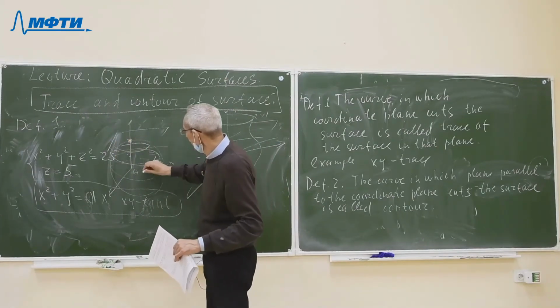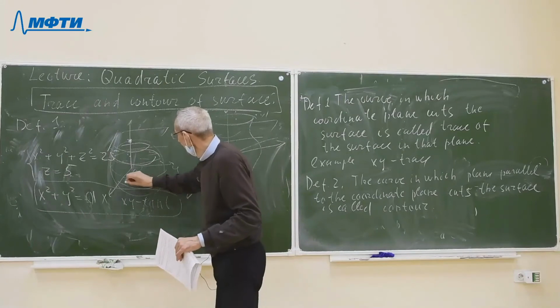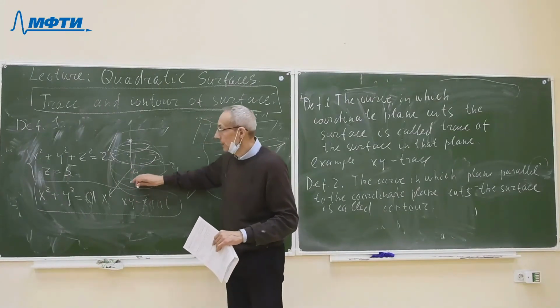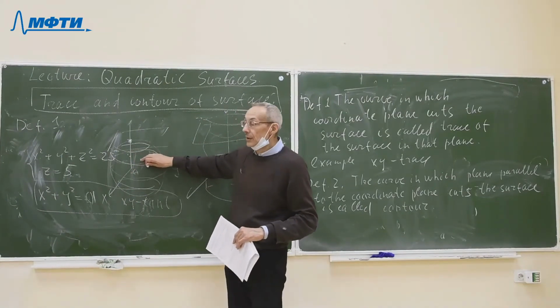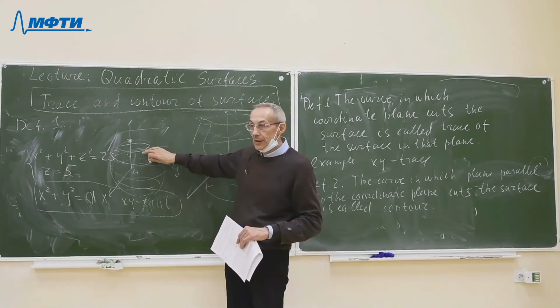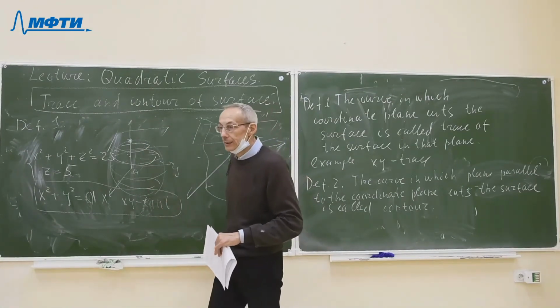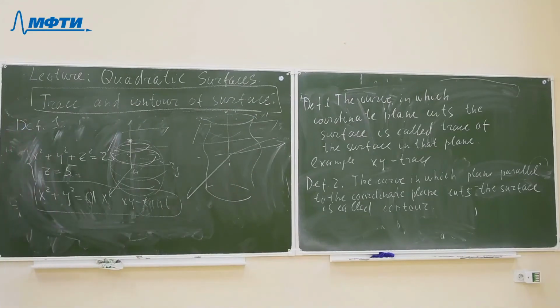In the case of the sphere, we obtain infinitely many circles which have various radii. This radius changes from the maximal radius, in our case 5, to 0 in both directions.